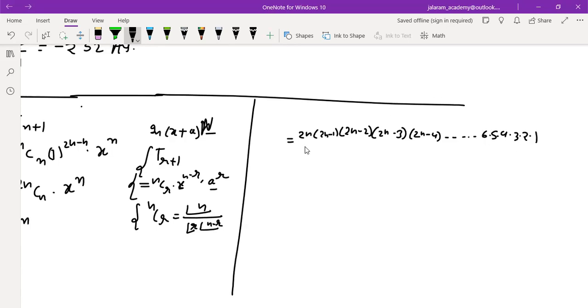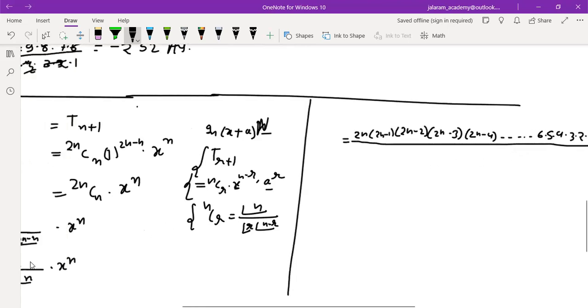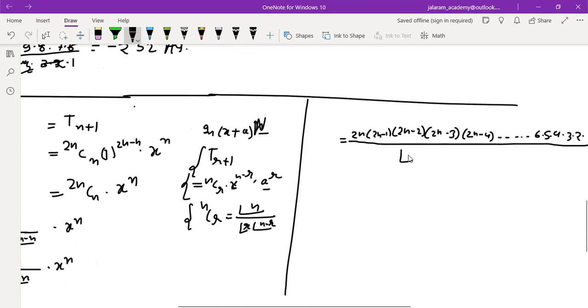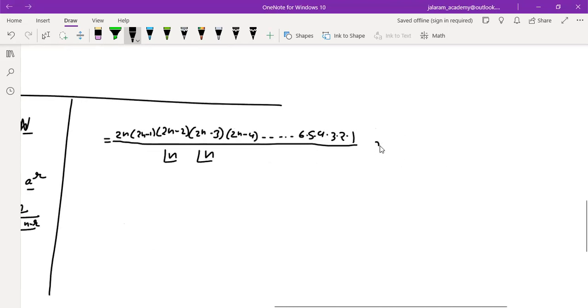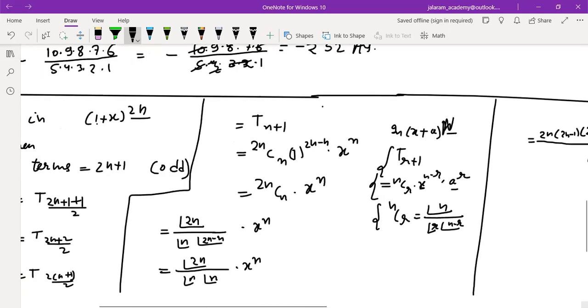We know that factorial means the product of all the terms reduced 1 by 1. Now this factorial n is again written as factorial n, and in the denominator there are 2 factorial n, and x to the power n is there.